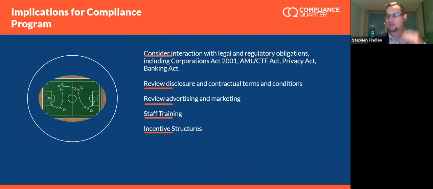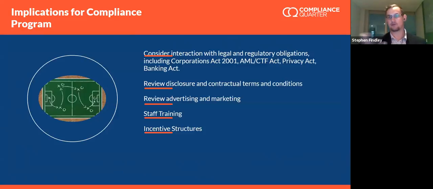So obligations under the Australian consumer law, for example, obligations not to make misrepresentations or be misleading, obligations under anti-money laundering and counter-terrorism financing legislation, obligations under the Privacy Act, obligations under the Banking Act. Individual businesses need to consider how all of these different obligations are going to fit together with the code within their compliance management system. In some cases, there will be overlap.